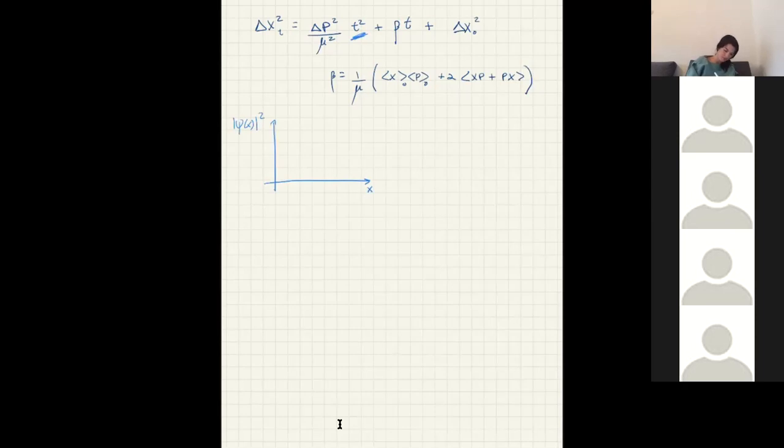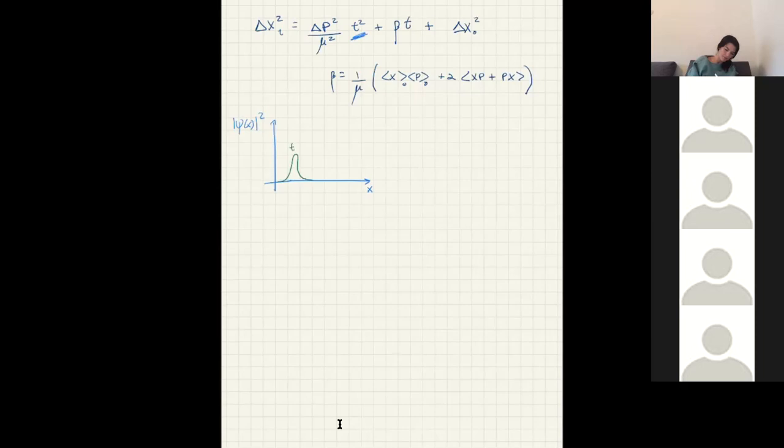And suppose it starts very neatly as a wave function like this. Let me do this in a different color. Okay. So this is like a probability distribution over x of the position of the particle.